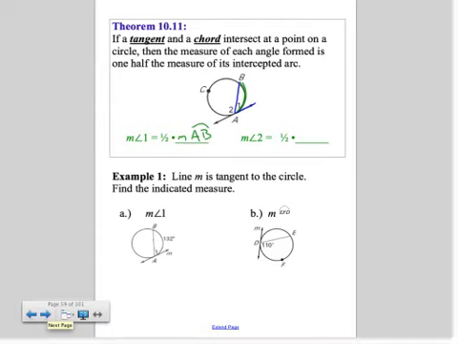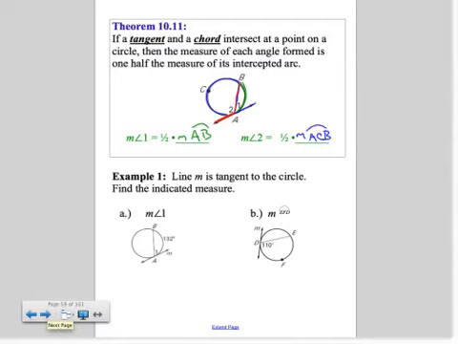Really, it's the same rule as an inscribed angle. In theory, angle 1 and angle 2 are not inscribed because this portion right here is not a chord of the circle, but it still follows the same logic. Angle 2 intercepts this arc, and so the measure of angle 2 would be 1/2 times the measure of arc ACB.